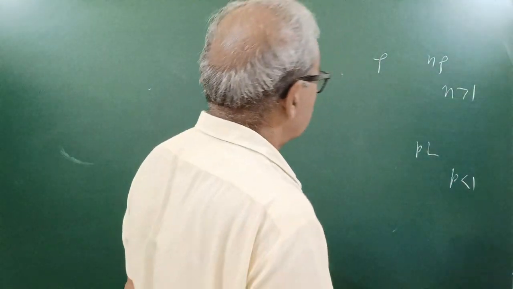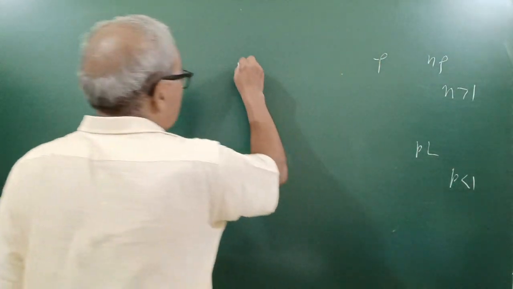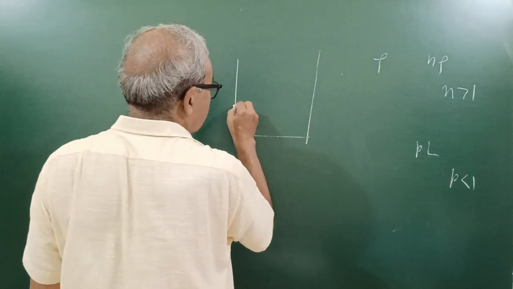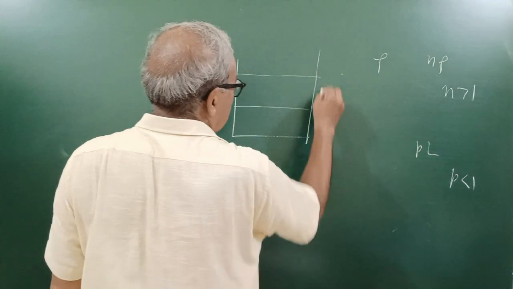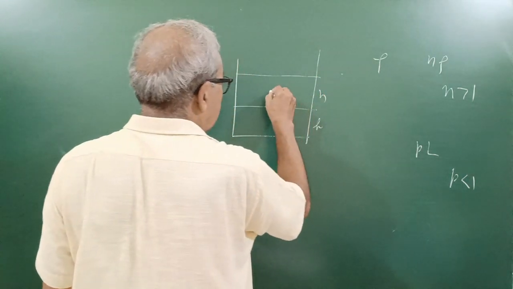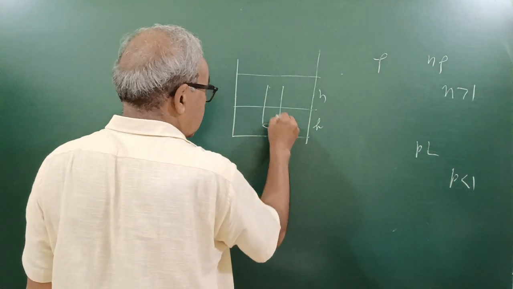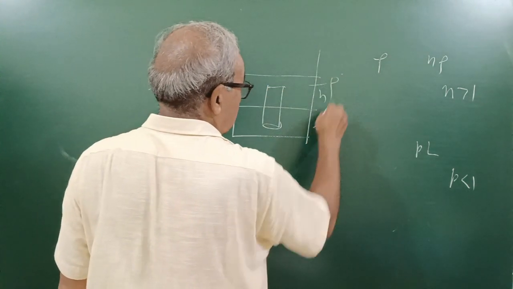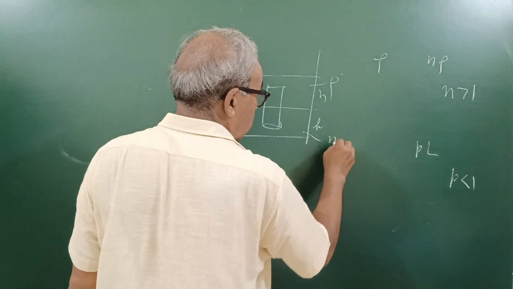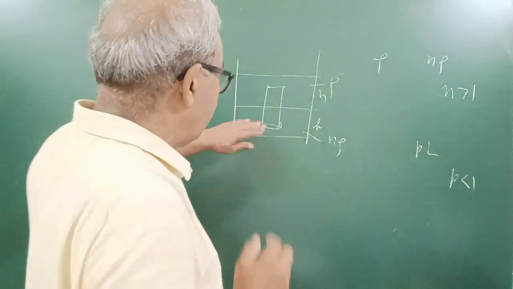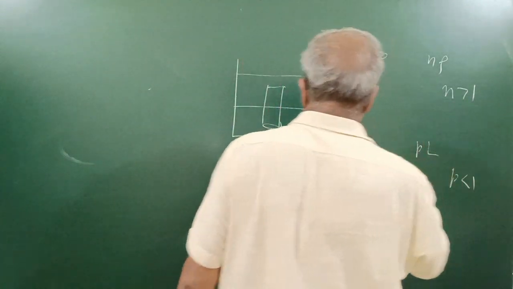Just look, the cylinder is here. It says here two immiscible liquids of equal height, and a cylinder is floating here with vertical axis. Density of this is rho, this is n rho, where n is greater than 1, so this is heavier.